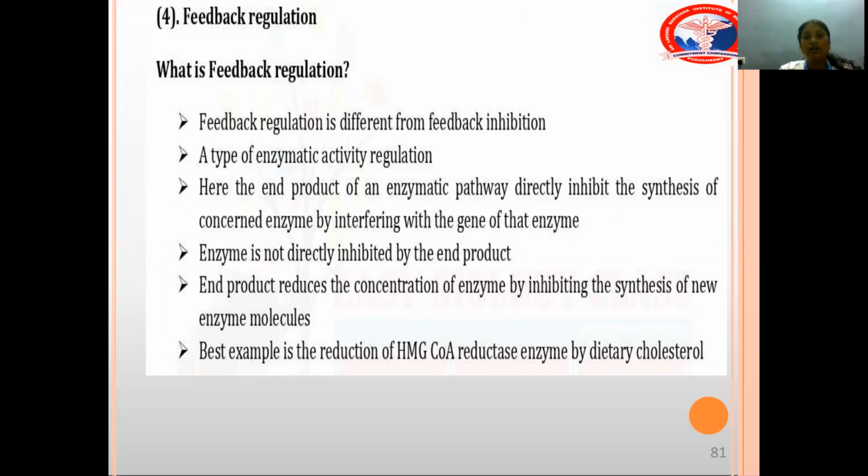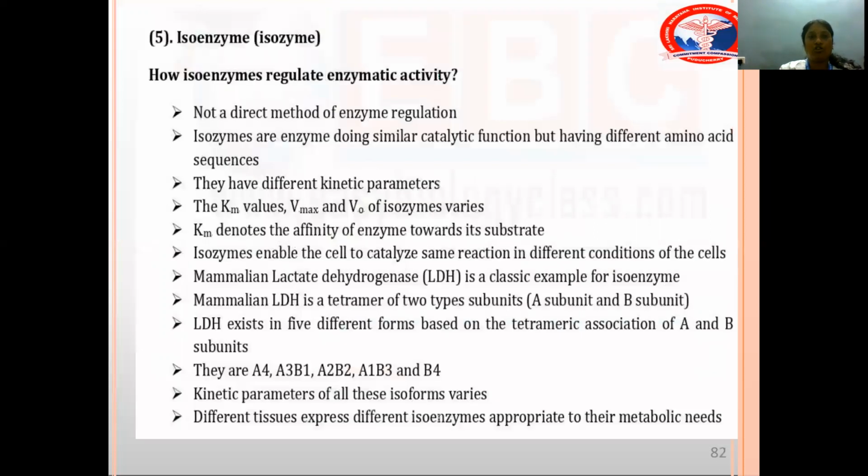So the enzyme is not directly inhibited by the end product; rather, it is inhibited from being synthesized anew, so we will not have new enzyme for the metabolic pathway to happen. The best example is the regulation of HMG CoA reductase synthesis by dietary cholesterol.